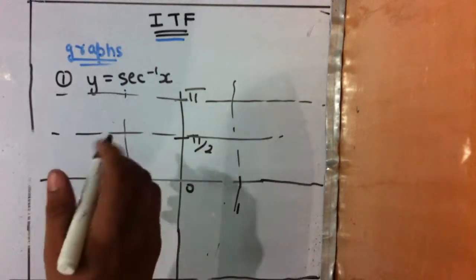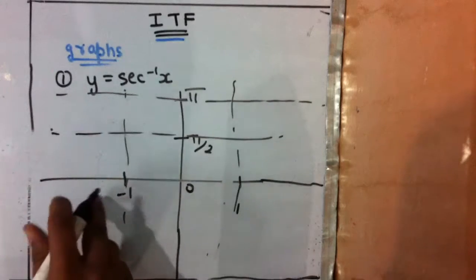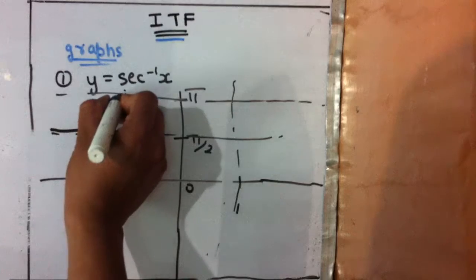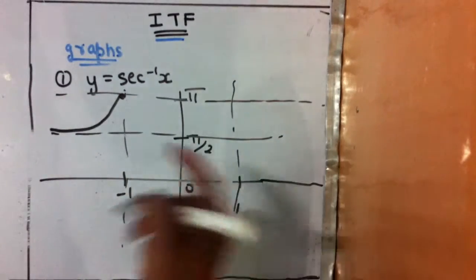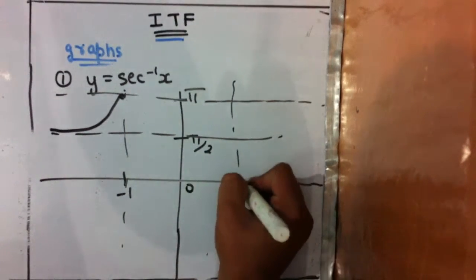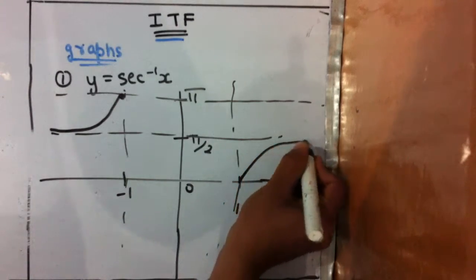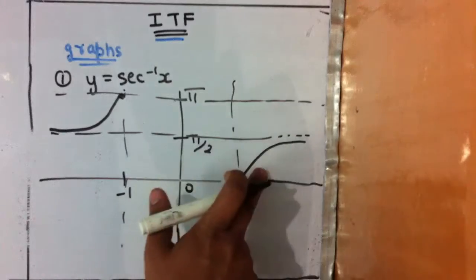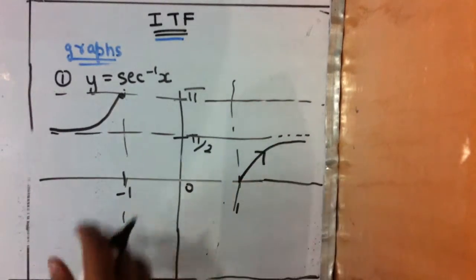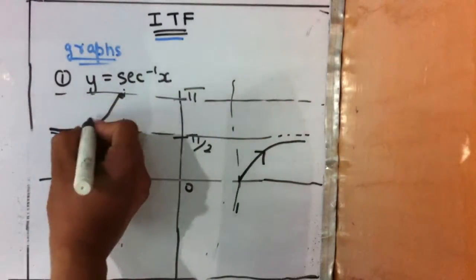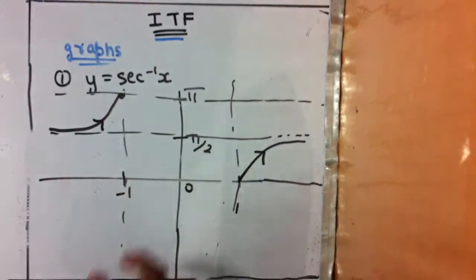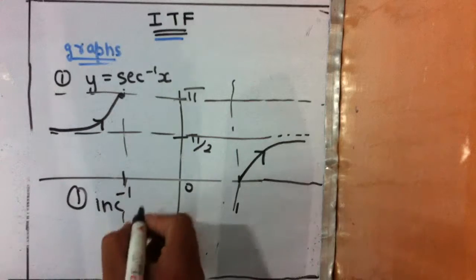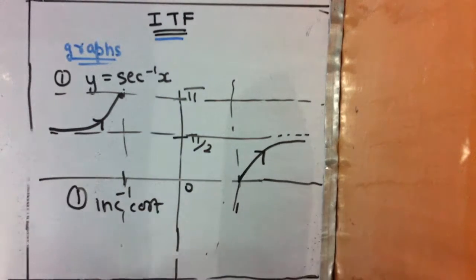It constantly increases as we move from pi by 2 to pi, and it also constantly increases from 0 to pi by 2. So the graph tells us that the given function is increasing continuously.